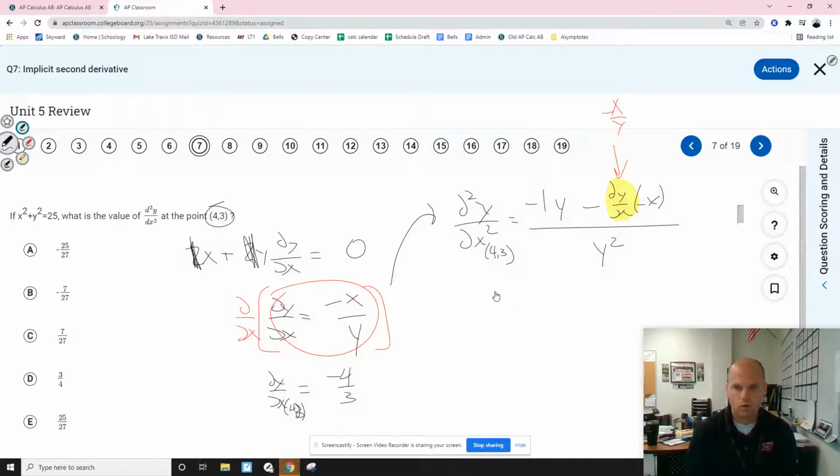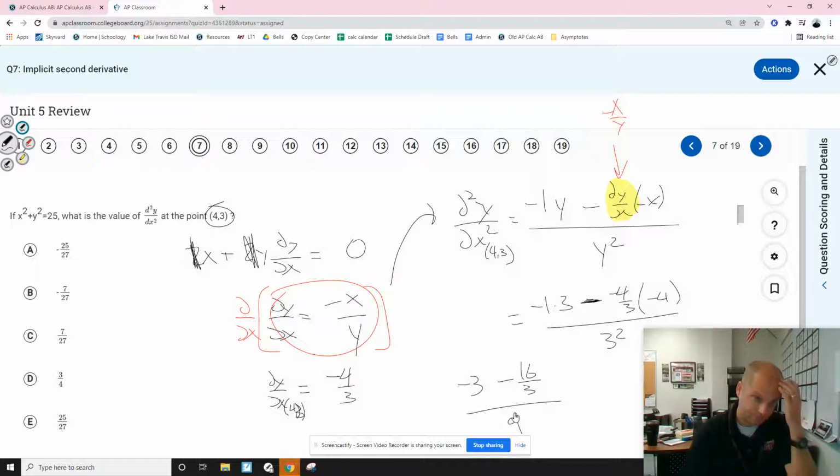So when I replace all these numbers, y's get replaced by 3, x's get replaced by 4. You can replace dy dx with the number. So I get negative 3. This would be minus 16 thirds over 9.